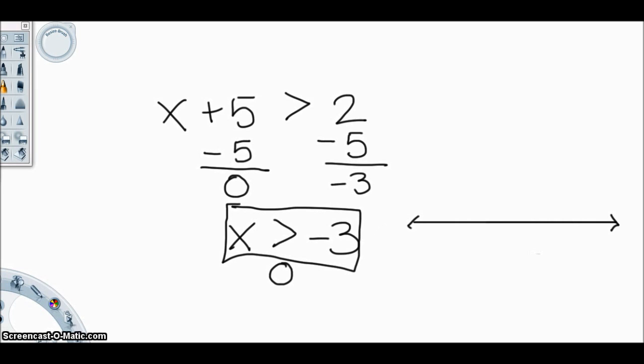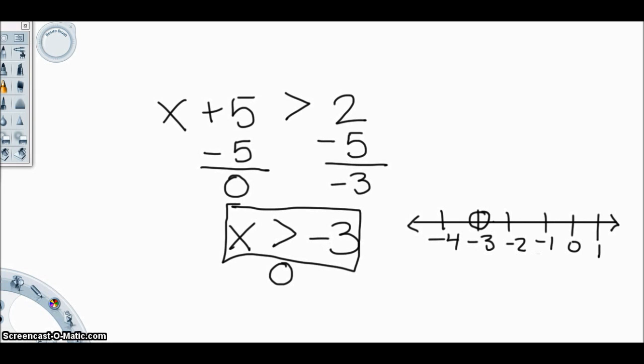Here we go. So I have my number line, I know I have arrowheads on both sides. I need -3 somewhere on here, so we'll do -4, -3, -2, -1, 0, and 1. Again, I'm looking at my sign. I have a greater than sign, not greater than or equal to, so greater than is going to have an open circle. And the open circle, remember, is not filled in. I'm going to put that at -3.